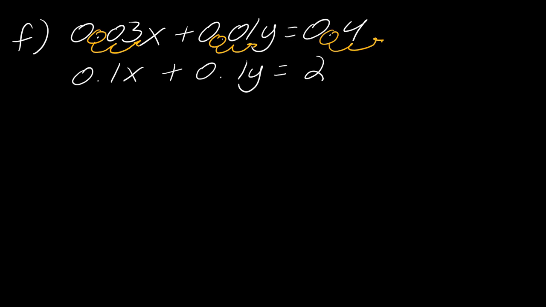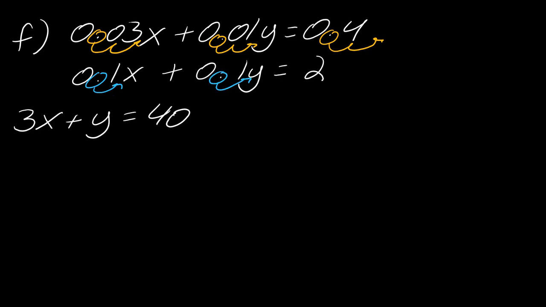So this will turn into 3x plus 1y, so I'll just write y, equals 40. And then for this second one, so I need to move all of these decimals over 1 spot. And remember, this 2 has an invisible decimal, so I'll move it over here. So this second equation becomes 1x, or just x, plus y equals 20.